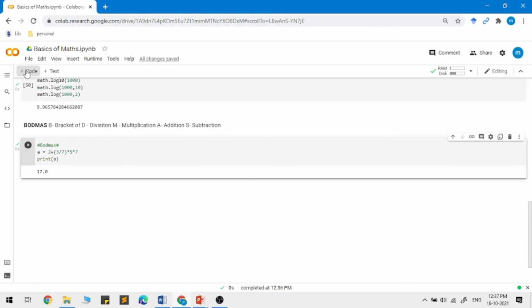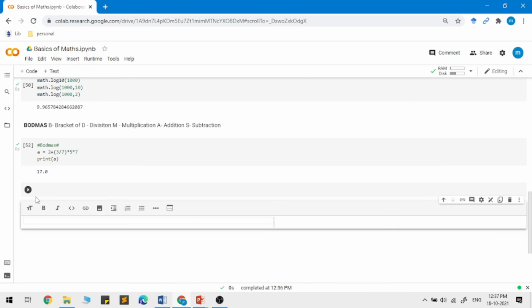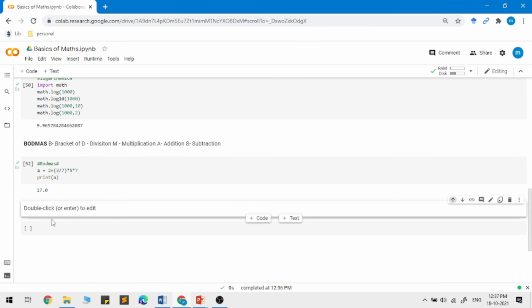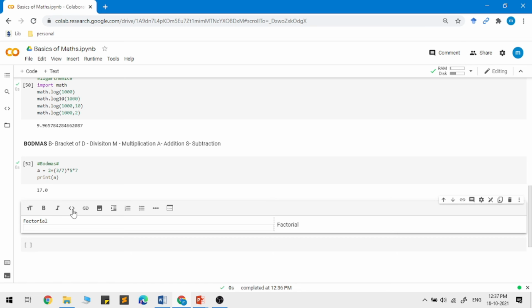Next one is factorial. You must know the concept of factorial first. Hope you all know the concept of factorial. If not, please understand that.